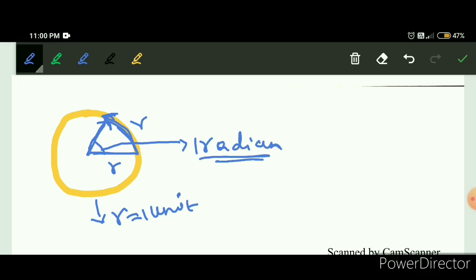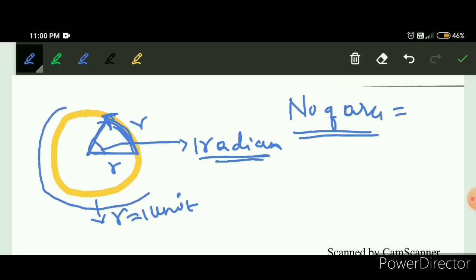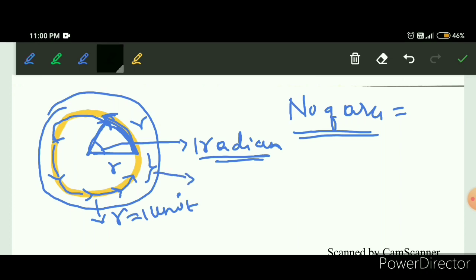So the interesting fact is, how many arcs are required to cover this unit circle? So I take 1 arc, 2 arcs, 3 arcs, 4 arcs, 5 arcs, 6 arcs, and we get some extra part here.